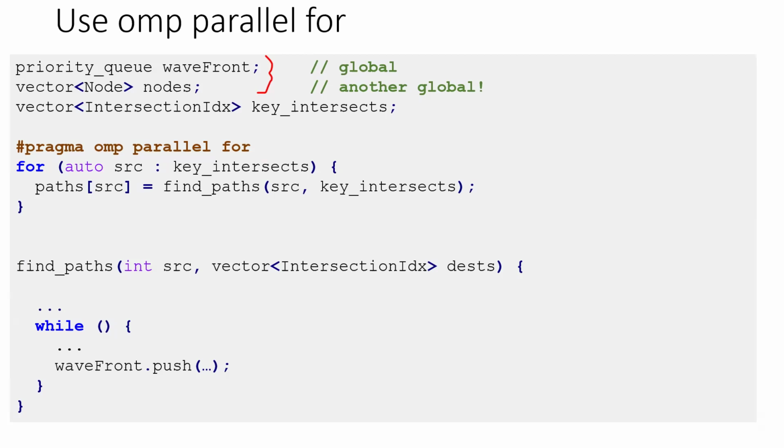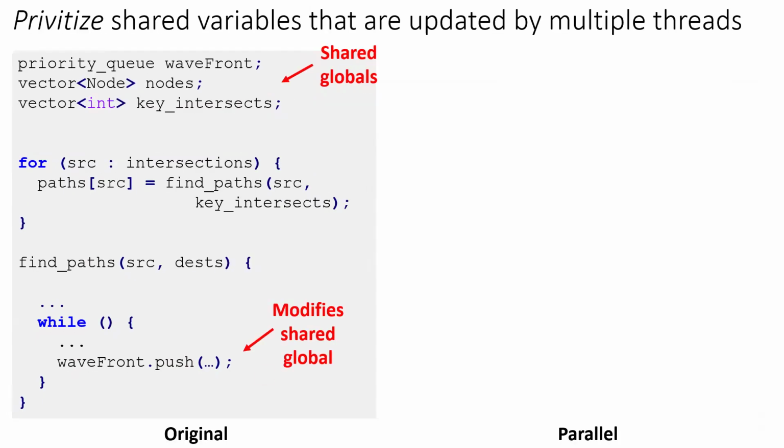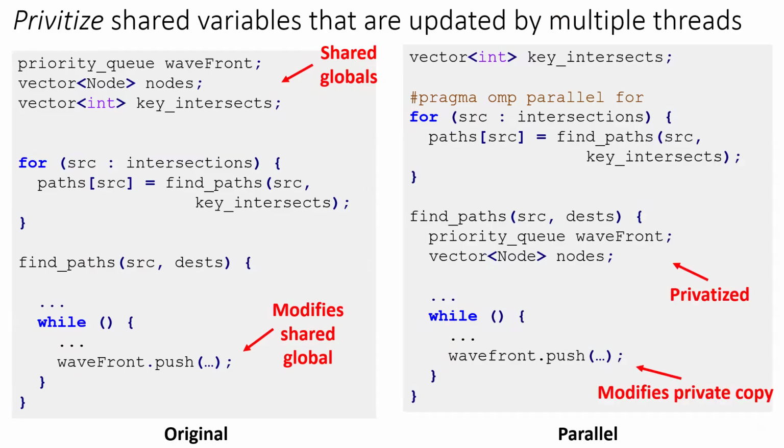But if your global variables are shared across threads, you're going to mess up. So you want to keep your variables private to itself. So you will need to privatize your global variables like this.